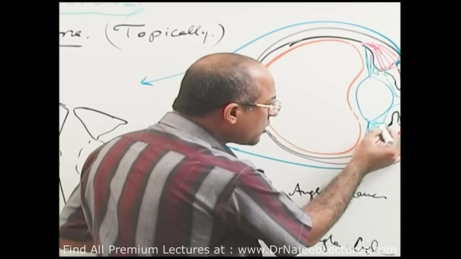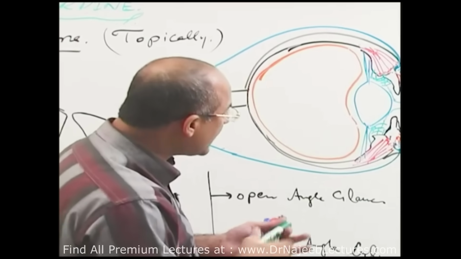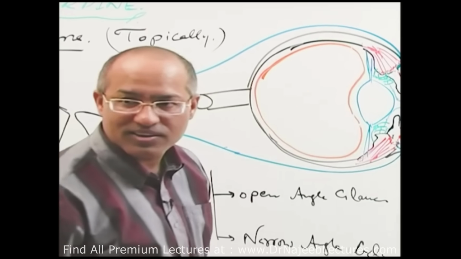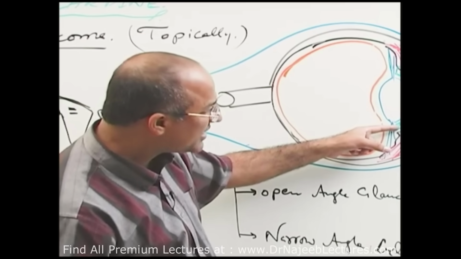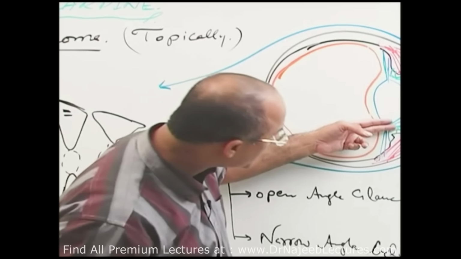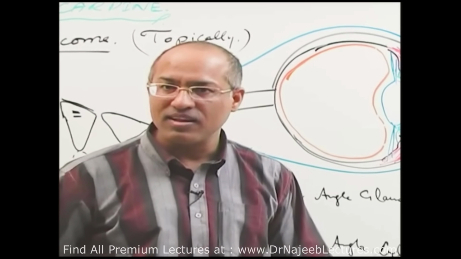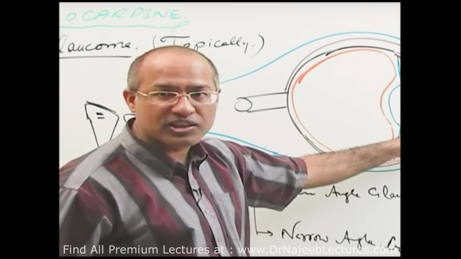So aqueous humor accumulates here in the posterior chamber, and then this aqueous humor pushes the iris forward. Are you understanding? When aqueous humor accumulates here too much under high pressure, it pushes the iris anteriorly. That further closes the angle.